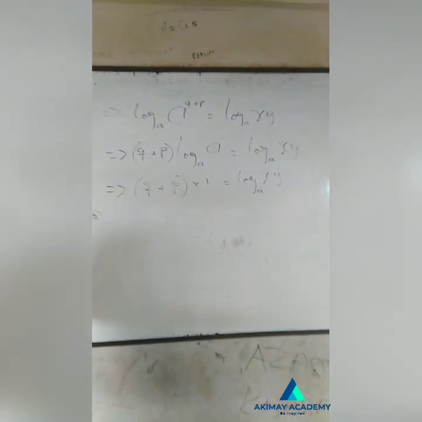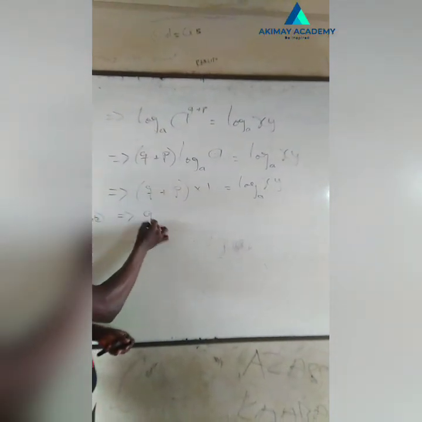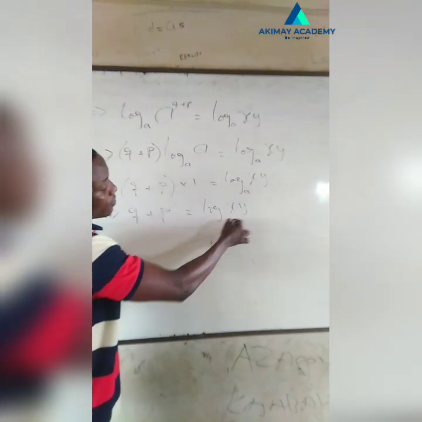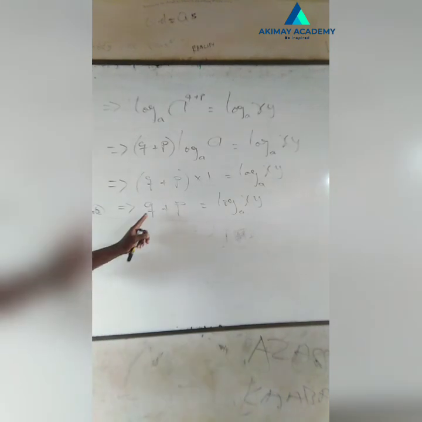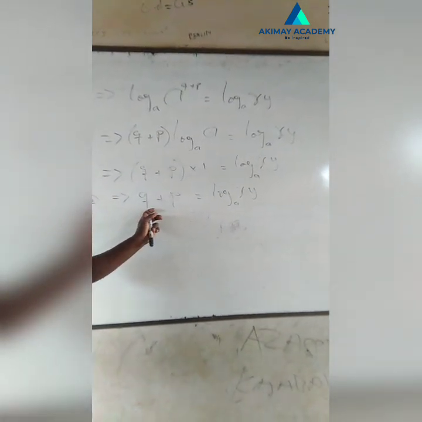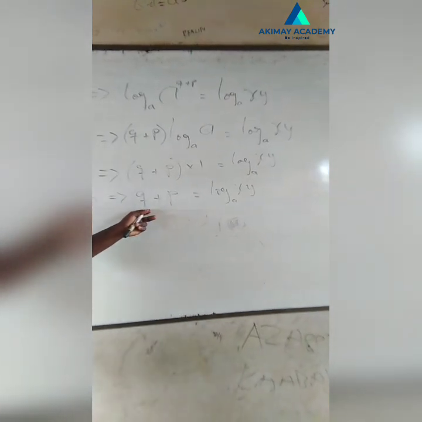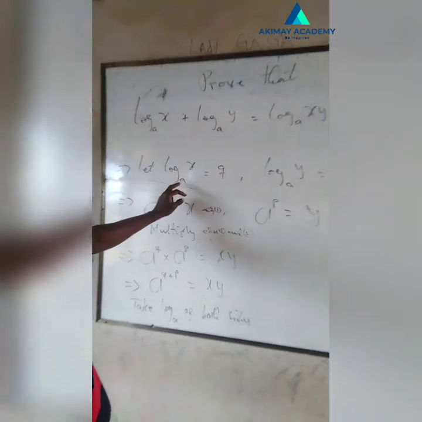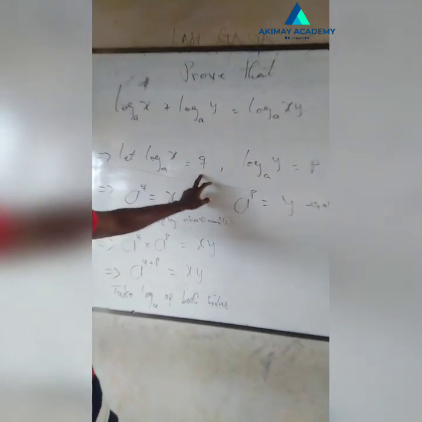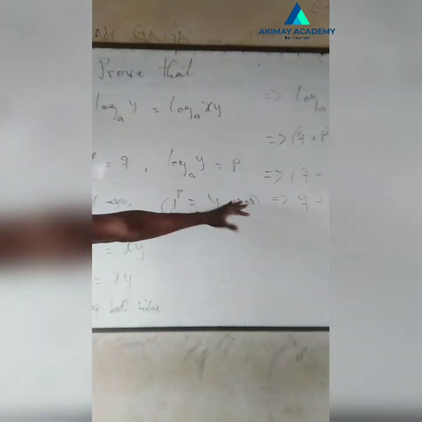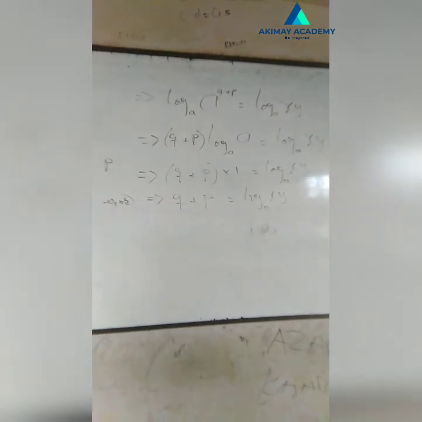So you multiply them, and you are going to have q plus p equals log xy to the base a. Now initially we said P and Q are representing something. We introduced them to the system: log x to the base a equals Q, then log y to the base a equals P. So at this point, let's bring them back to take their rightful positions.